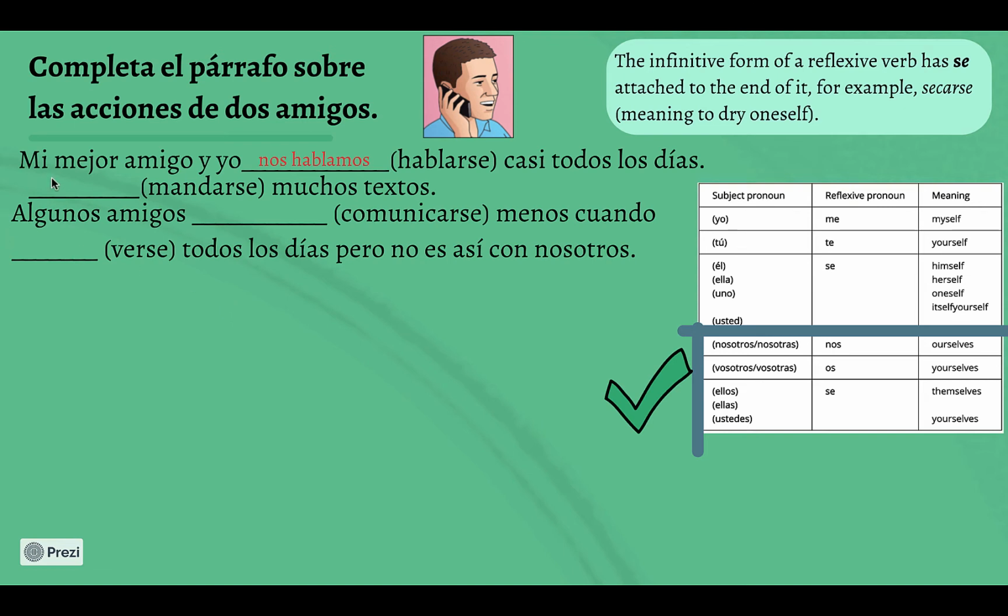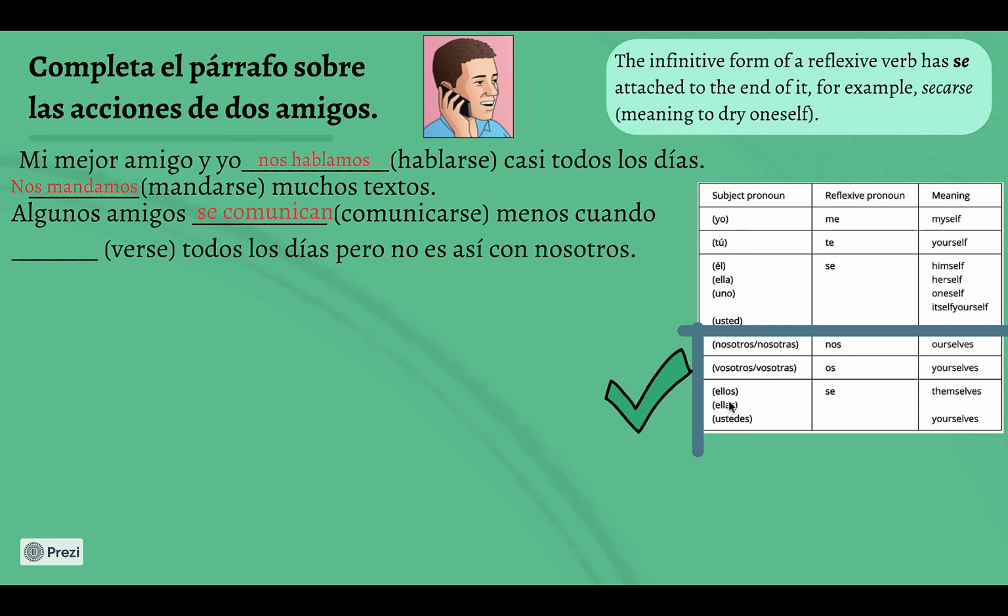And we're going to continue with the same subject pronoun, right? Nos. Now, what is the conjugation of mandar for nosotros? Nos mandamos, muy bien. Nos mandamos muchos textos. Algunos amigos, some friends. So what would be the subject pronoun for some friends?